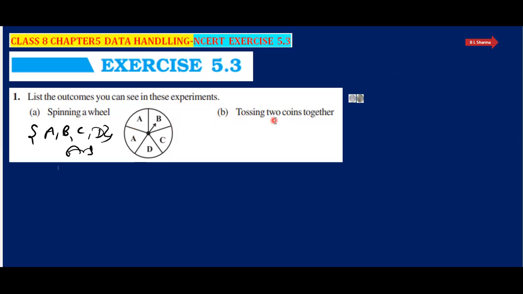Now part B: what are the outcomes when tossing 2 coins? 2 coins आपको एक साथ toss करेंगे, तो क्या probability है?